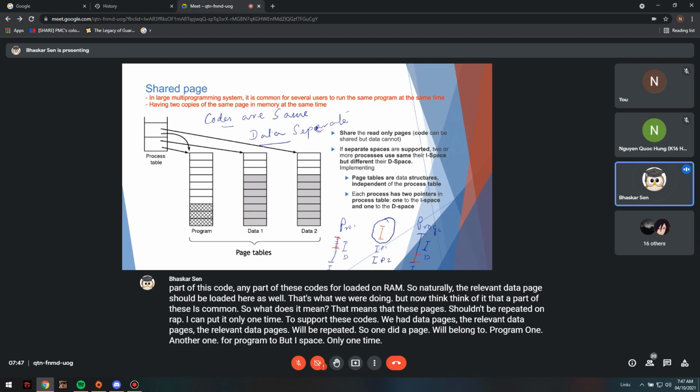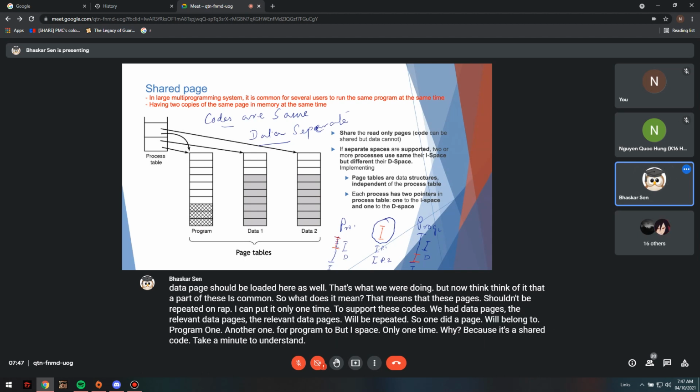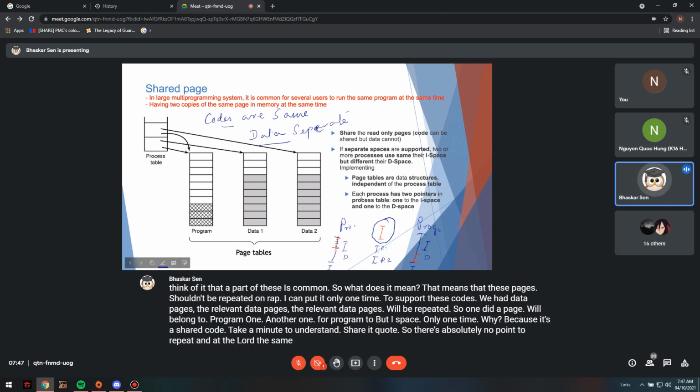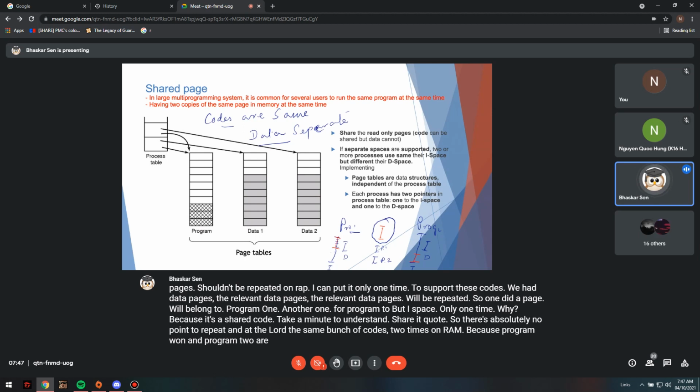Why? Because it's a shared code. Take a minute to understand. There is absolutely no point to repeat and to load the same bunch of codes 2 times on RAM, because program 1 and program 2 are sharing the same codes. Not entirely, but mostly.